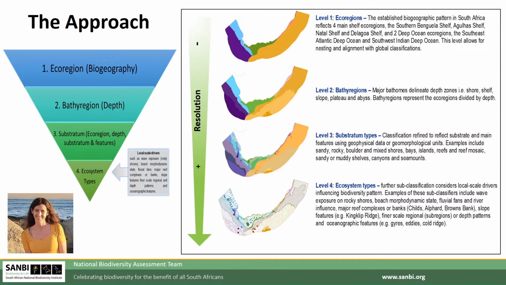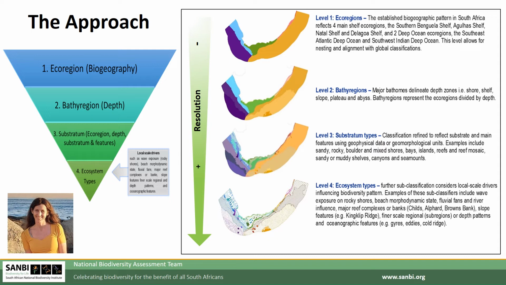And then at the third level, building on ecoregion and depth patterns, we introduce substratum type. And then only at the finest level is the further subclassification, which looks at more local scale drivers that affect biodiversity pattern. And these are different in different ecosystem types.